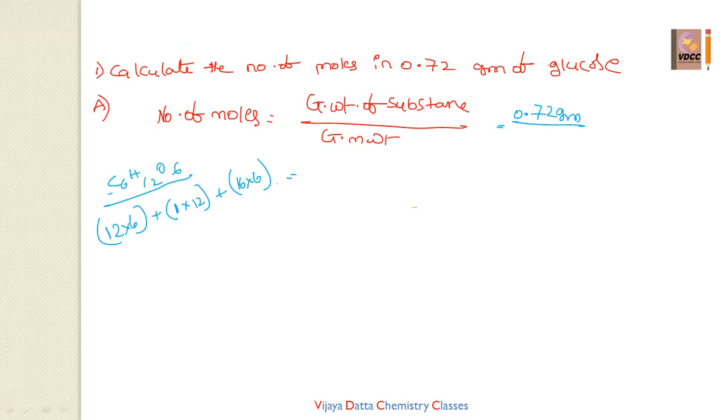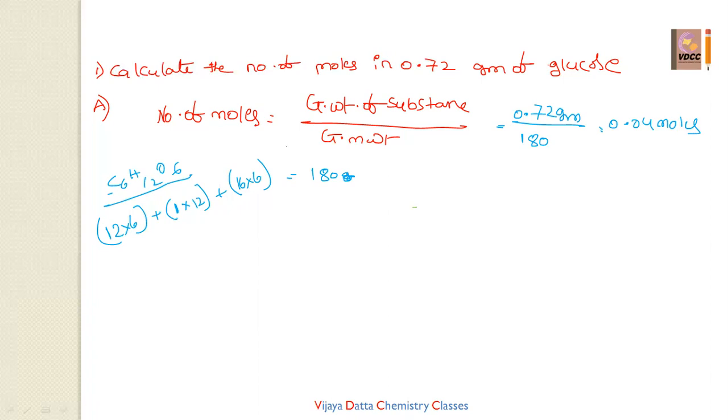If you add all these you will get 180. Molecular weight doesn't have any unit, so it is 180. So 0.72 grams by 180 equals 0.04 moles.